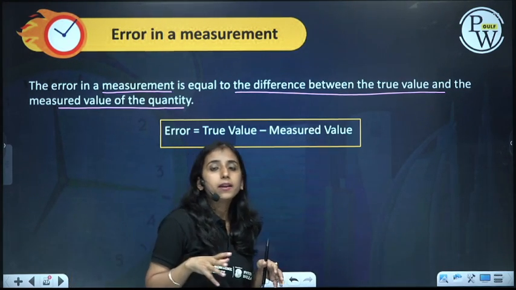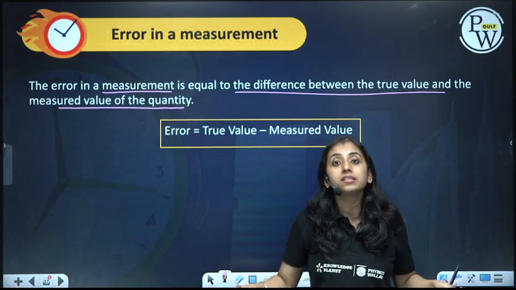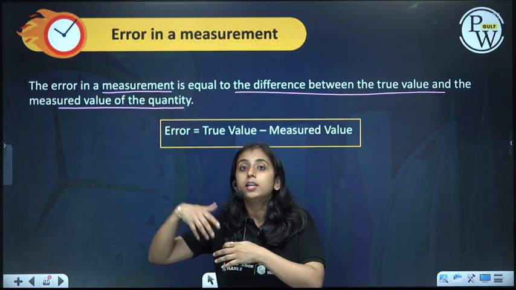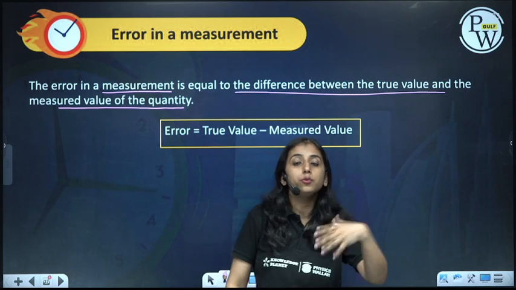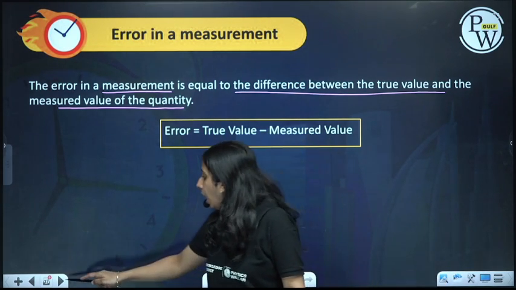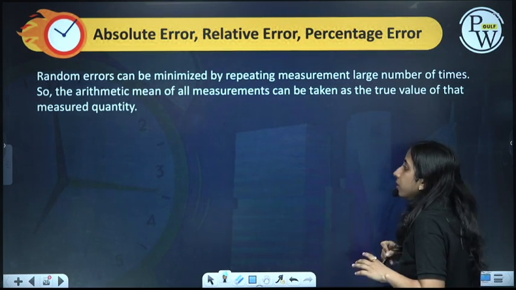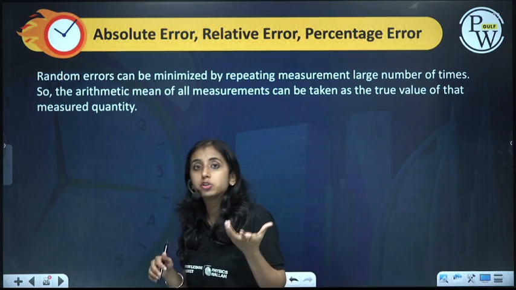Now random errors are random in size and random in direction also. Either they can induce a positive error or they can induce a negative error. How can we calculate random error of any measured quantity?